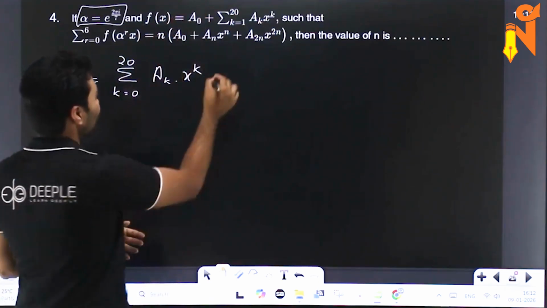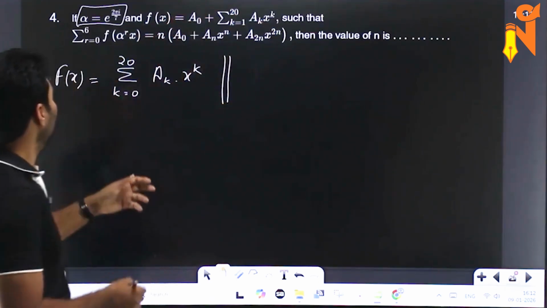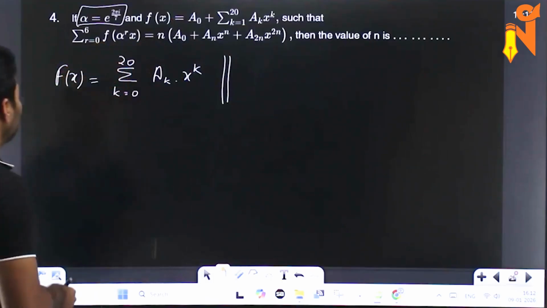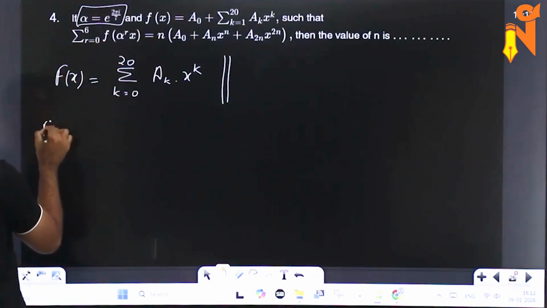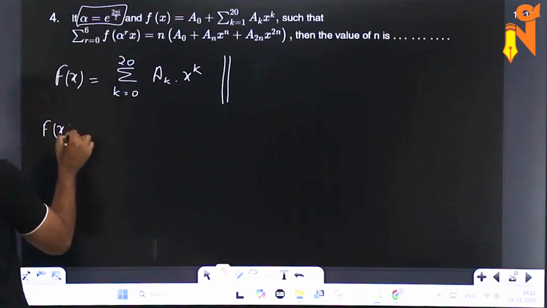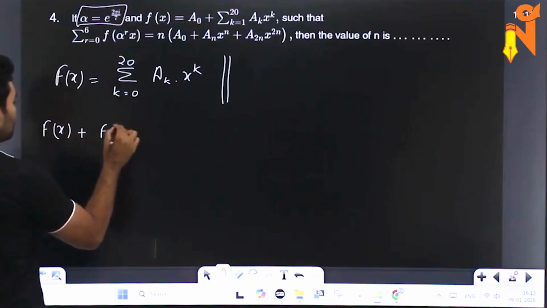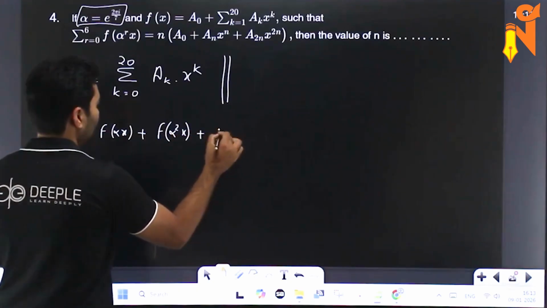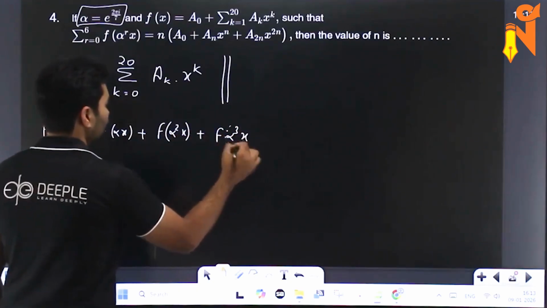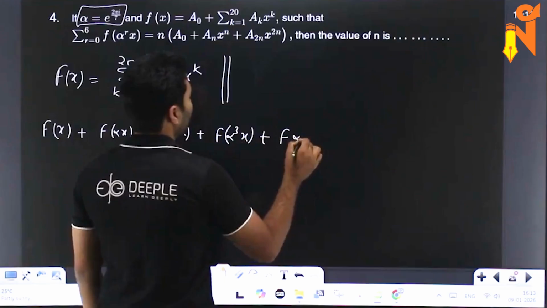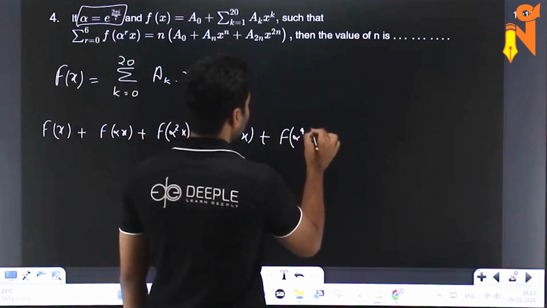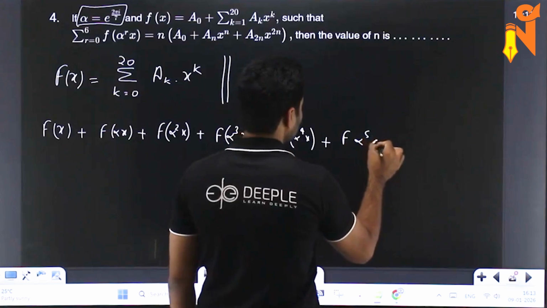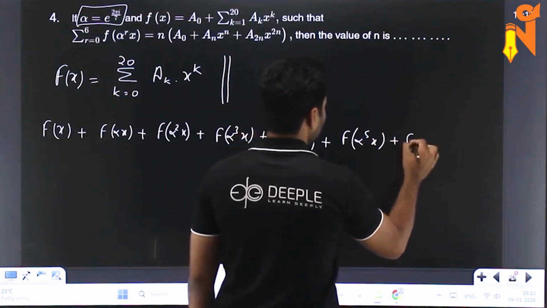Okay. Next part. Next one is, if you focus here, this is nothing but summation. Okay, let's apply here. Okay, so f of x, plus f of alpha x plus f of alpha square x plus f of alpha cube x plus f of alpha power 4 x, plus f of alpha power 5 x plus f of alpha power 6 x.